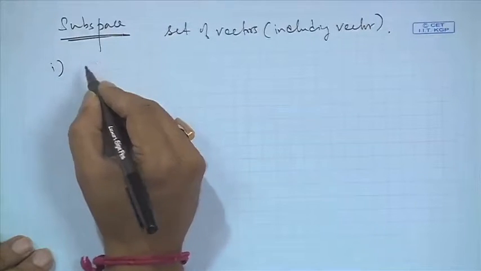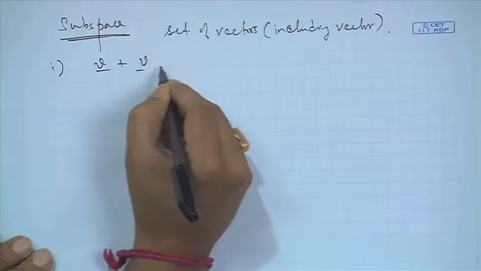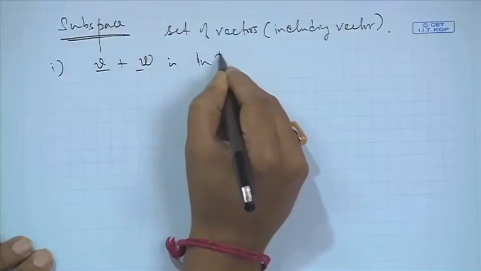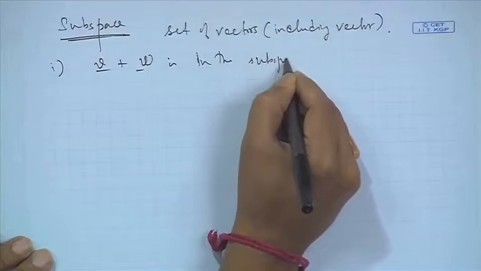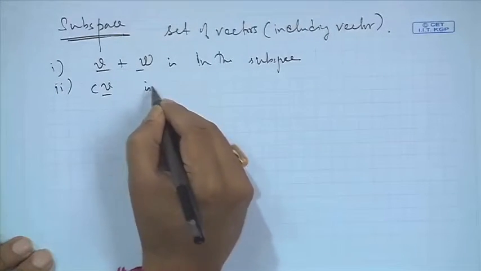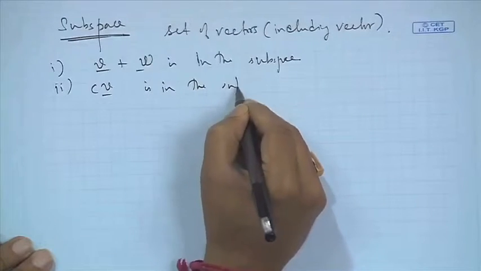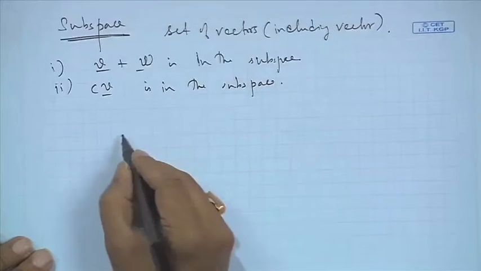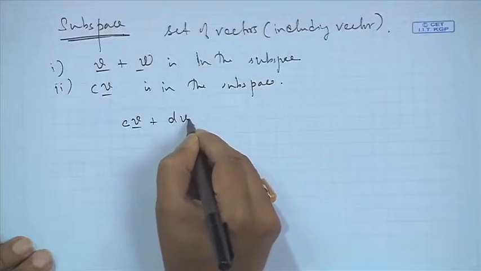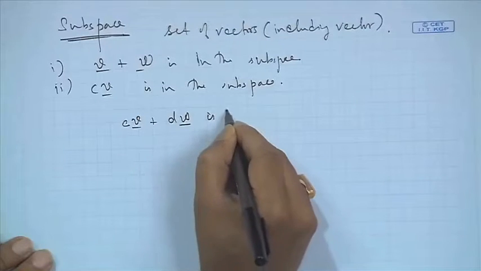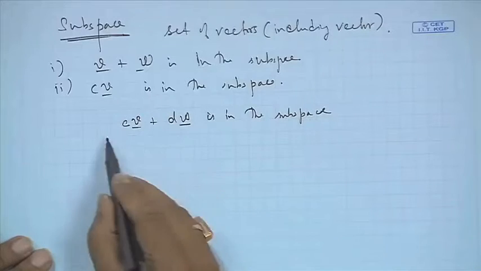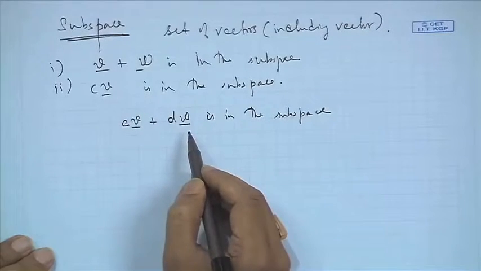The first tenet is the sum of two vectors is in the subspace, and the second tenet is some scalar times the vector is in the subspace. Essentially we can say a linear combination of these two vectors is in the subspace. So a combination of this remains in the subspace, so that's a vector subspace.